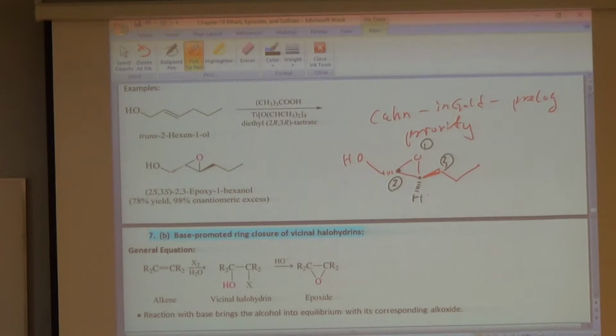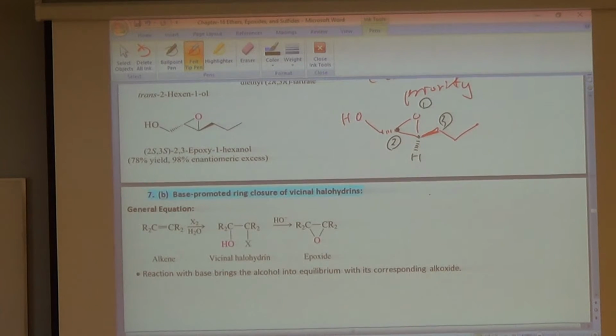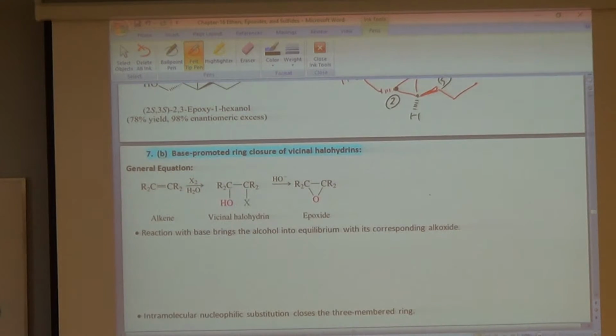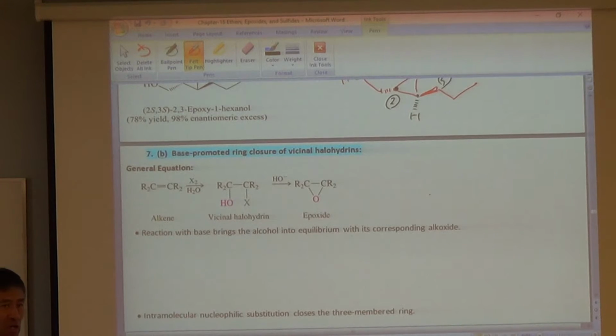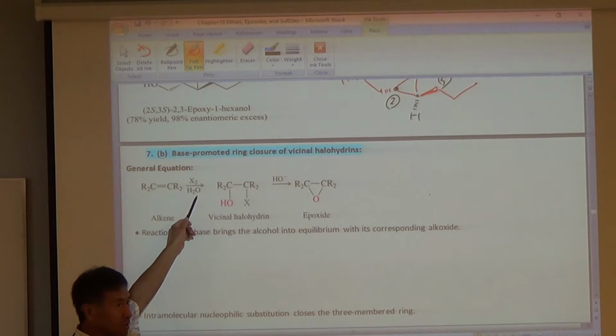So this is the first way of preparing the epoxide. The second way of preparing the epoxide is the base promoted ring closure of halohydrins. A halohydrin you can produce from the reaction of the double bond with halogen in water.